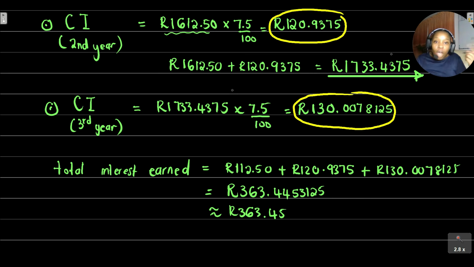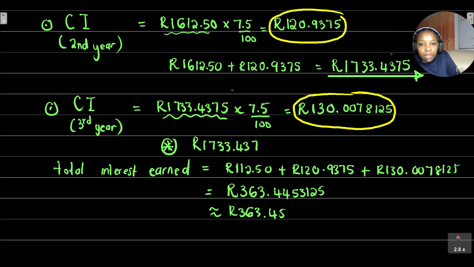But at the end of the investment period, how much would you have in your account? Then at the end of the investment period, all that we would do is take that 1,733,4375, and then add it with that 130.0078125, and then you'll get that.